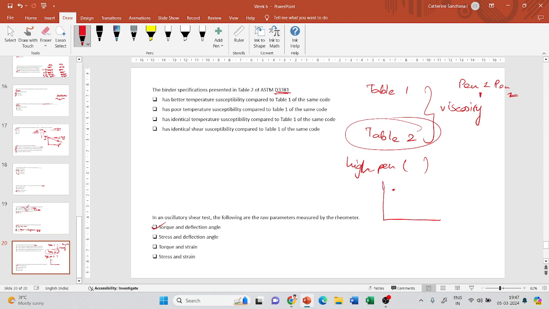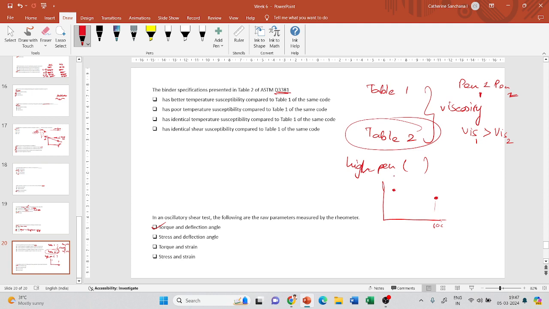If it has high penetration, it means it has low viscosity, and say the viscosity is constant. For table 1 and 2, viscosity at 60 degrees Celsius is constant, and the penetration for table 1 is lesser than the penetration in table 2. Which means viscosity in table 1 is more compared to viscosity in table 2, right?